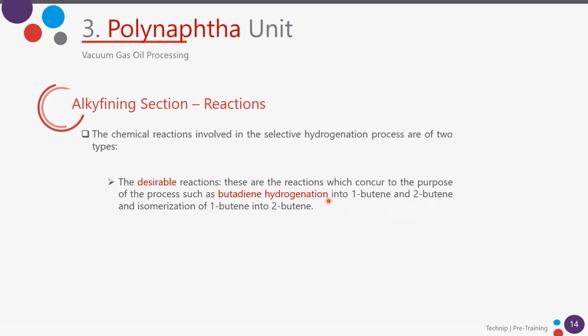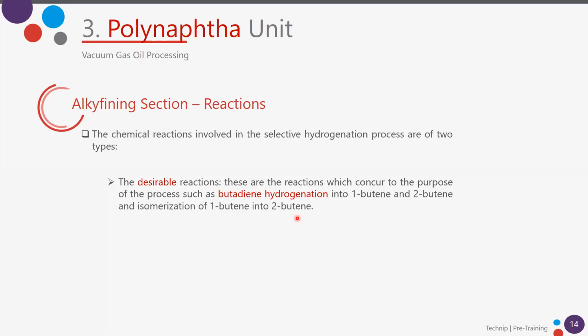Remember that this butadiene has two double bonds, so we will hydrogenate only one, and we will have at the outlet an olefin still. We will have 1-butene and 2-butene, and also this isomerization, where some of this 1-butene will be converted into 2-butene.